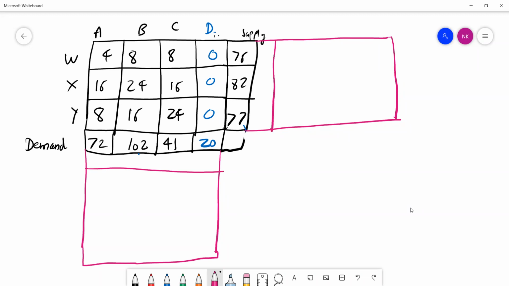Now I am not drawing with this particular scale, but I request everybody that don't draw like me. This is a very bad drawing, but you don't draw like me. You need to take your scale.